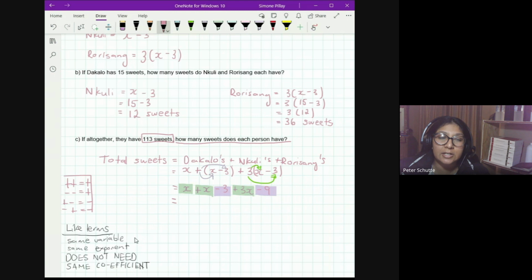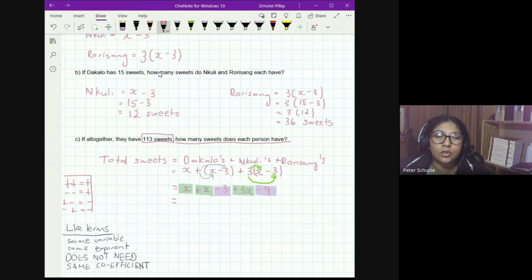It does not need to have the same coefficient. And that is why x and 3x are like terms. With me? Yes, ma'am. That's why negative 3 and negative 9 are like terms, because they have the same variable, which is no variable, and the same exponent, which is the exponent of 1.